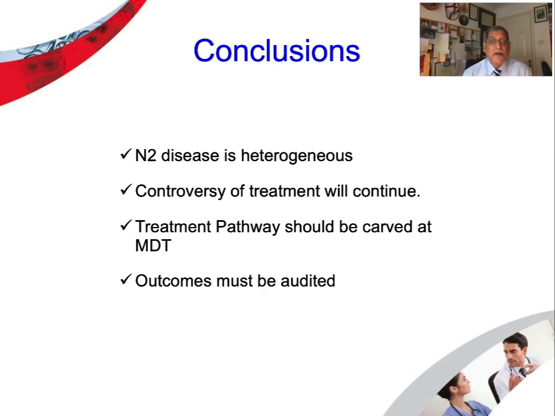The controversy will continue. Treatment of this cohort of patients is carved by clinicians discussing the appropriate pathway in an MDT meeting. All governing bodies recommend that we should audit our results.